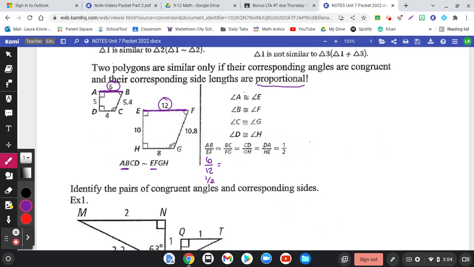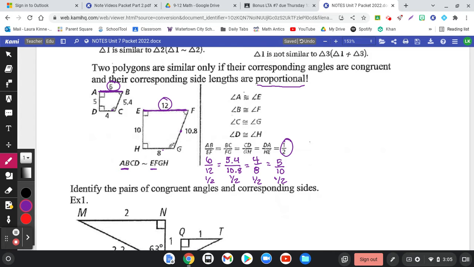So for BC, 5.4 over FG, 10.8, that simplifies to 1/2. CD is 4 over 8, that simplifies to 1/2. DA is 5, HE is 10, that simplifies to 1/2.